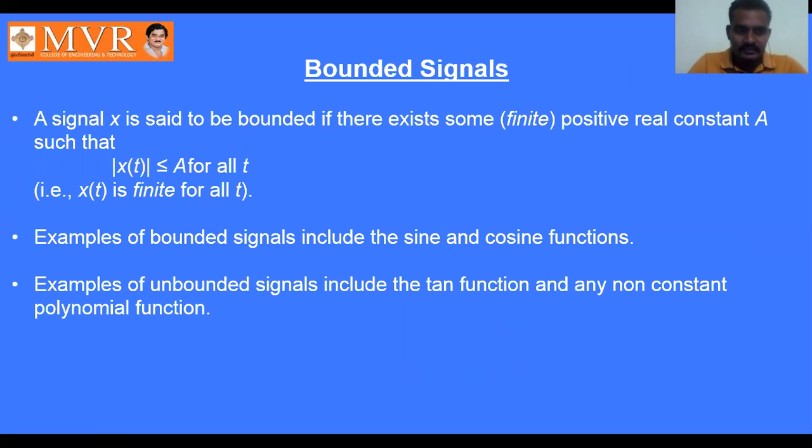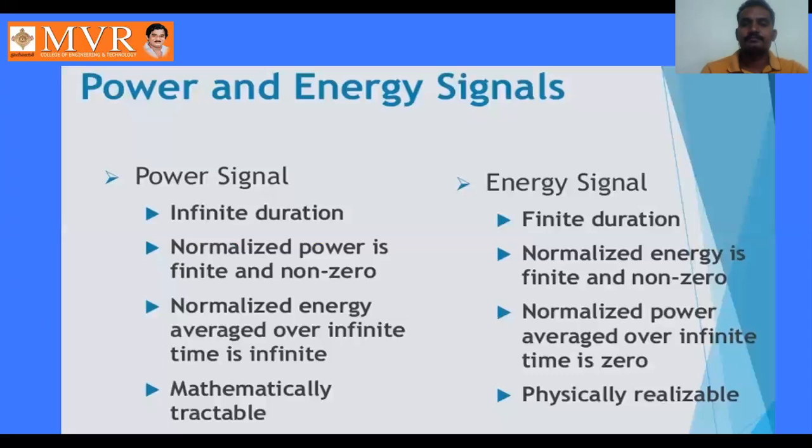That is, x of t is finite for all values of t. Examples of bounded signals include the sine and cosine functions. So bounded signals are nothing but sine and cosine functions. Examples of unbounded signals include the tan function and any non-constant polynomial functions.